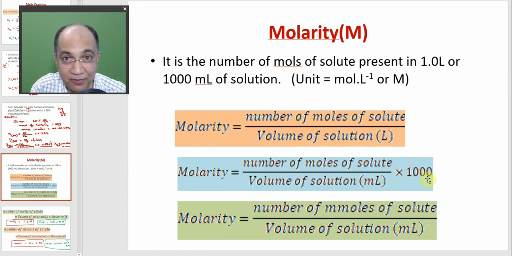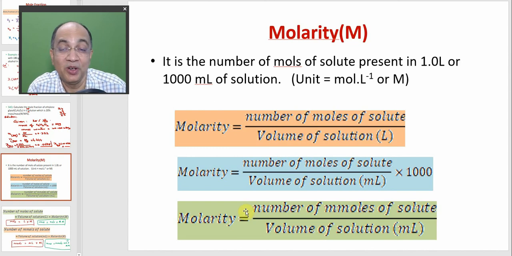Or I am very fond of this formula. If 1000 is multiplied with the number of moles, then it becomes number of millimoles. If 1000 is multiplied with the mass in gram, it becomes milligram. 1 gram is 1000 milligram. 2 gram is 2000 milligram. So this many number of moles into 1000 will be the number of millimoles.